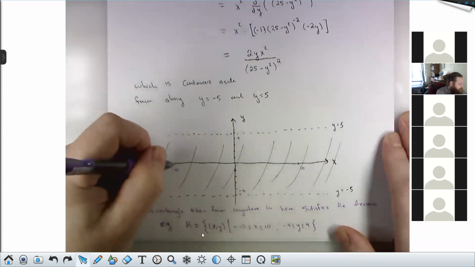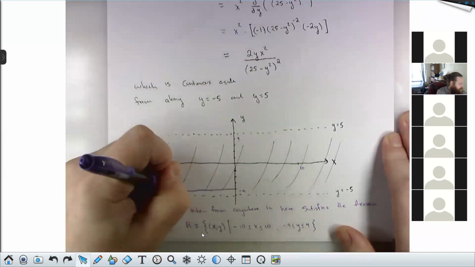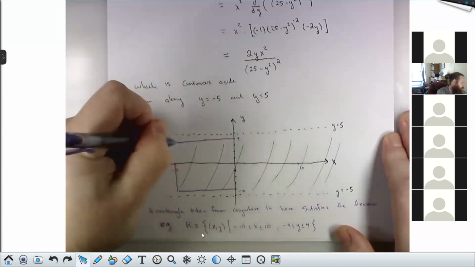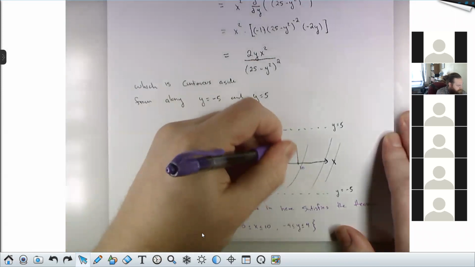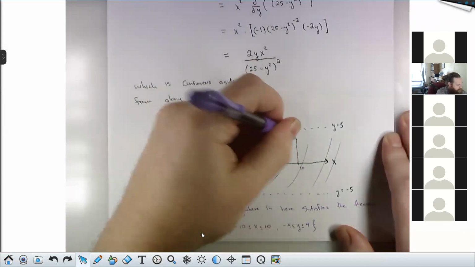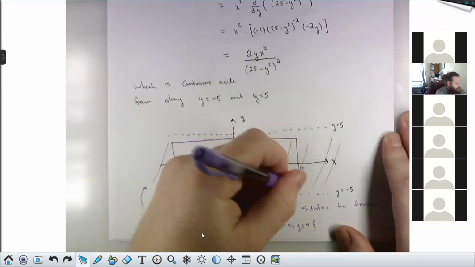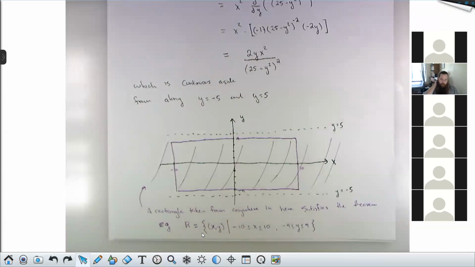So if I take my rectangle to be this, for example, and I pick my initial conditions from anywhere in that rectangle, I will have a solution to the IVP, at least on some interval within that rectangle.